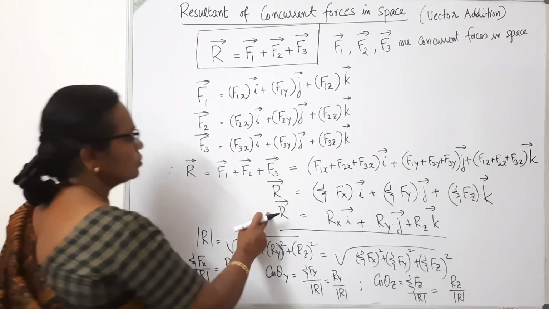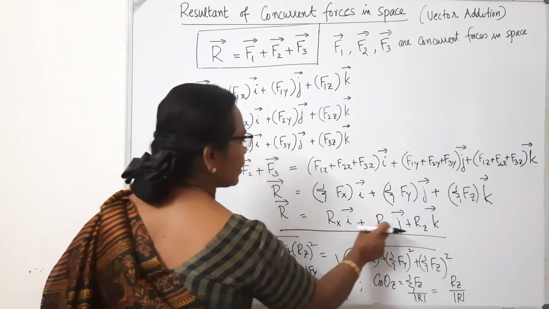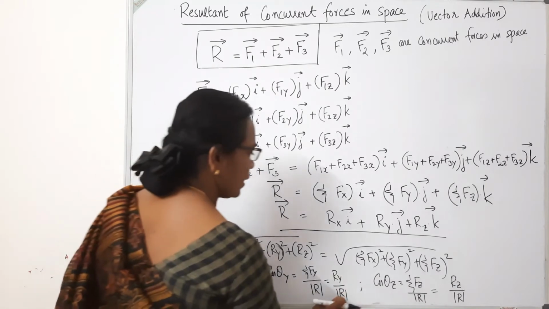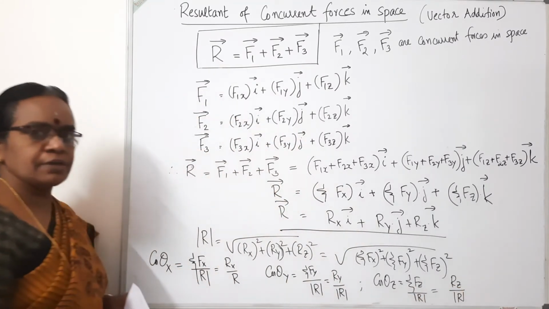So R is equal to Rx i plus Ry j plus Rz k, and cos theta x equals Rx by R, Ry by R, and Rz by R.